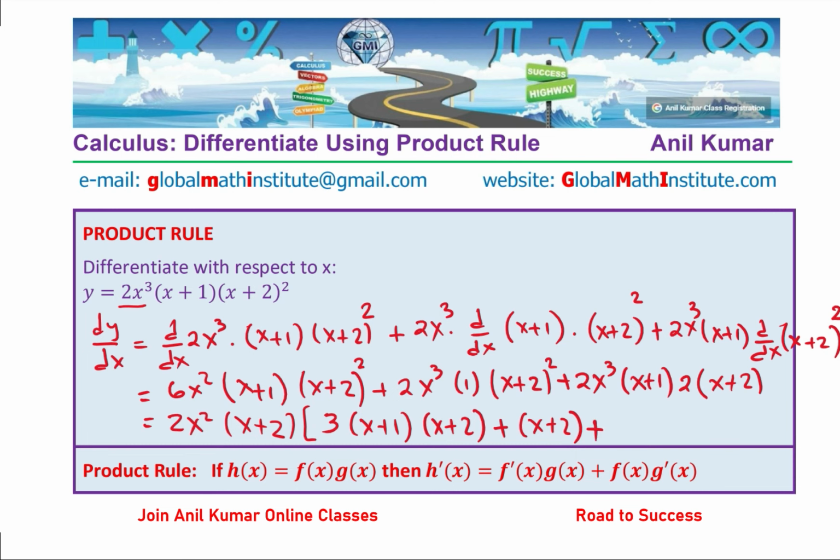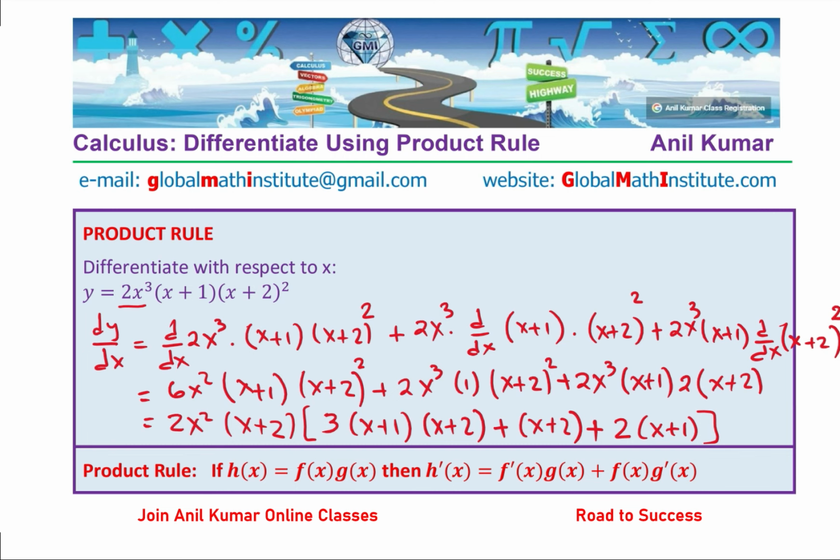Plus here we have 2 common, 2x cubed we have taken out, so 2 times x plus 1 as a common factor. You can now further simplify it, but I hope you got the idea.